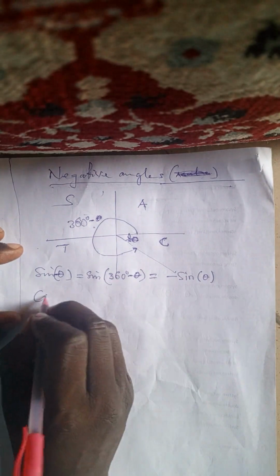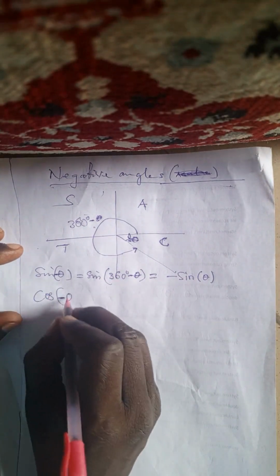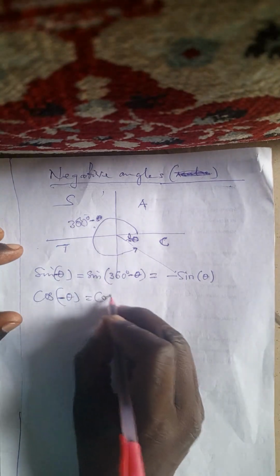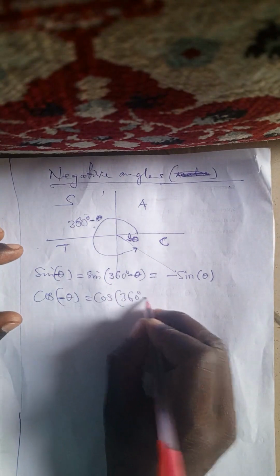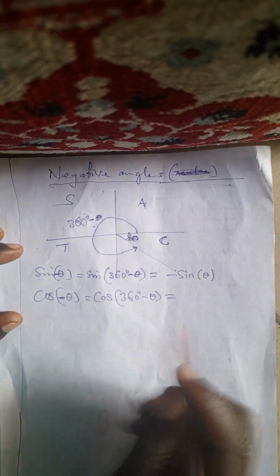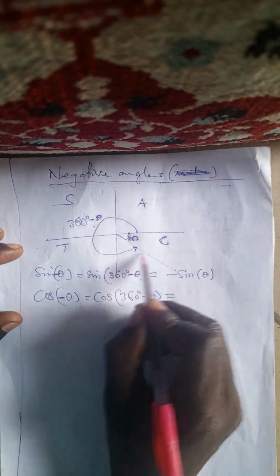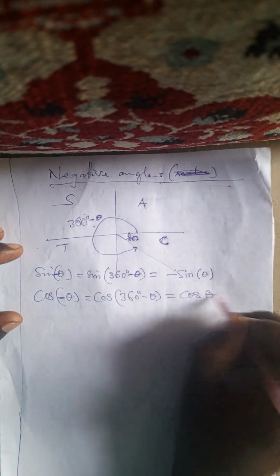Now, cos of minus theta is going to be the same thing as the cosine of 360 degrees minus theta. In the fourth quadrant, cosine is positive, and so we are going to have cos theta.